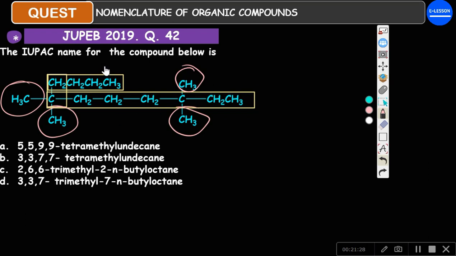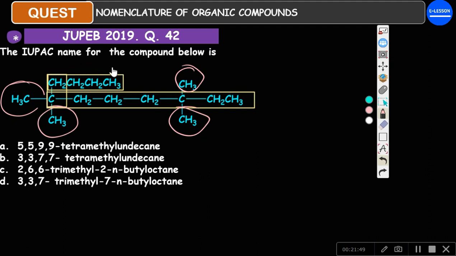So if you number from this side, let's start with the wrong one, because automatically this is the wrong one. If you are very sharp and you've been following the lectures we've been having, you should be able to look at this and tell me the answer. So this is 1, right? And here is 2. Here is 3. Of course, here is 4. Here is 5. We got to the first substituent at number 5, and that is not too good.